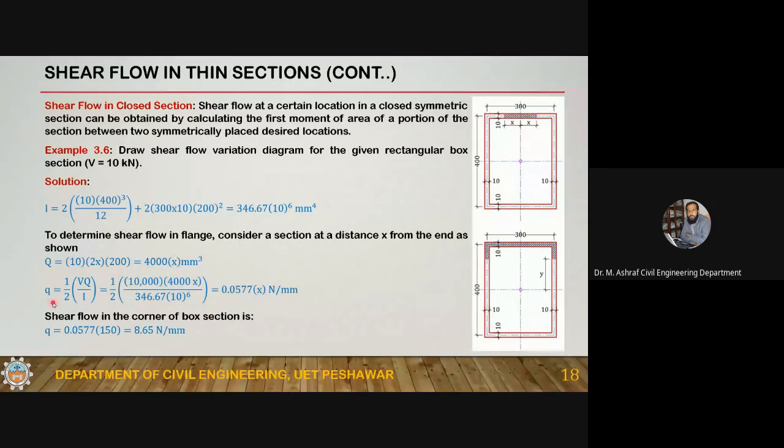The shear flow is half of VQ by I. So this is the shear flow, which is 0.07577x. Once again, you can see that the shear flow varies linearly because this is a horizontal segment. At this end, if you plug in x equal to 150, the shear flow is 8.65 Newton per millimeter. Okay, at this location, at this location, at this location, at this location.